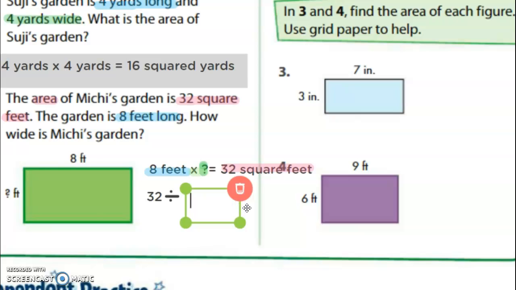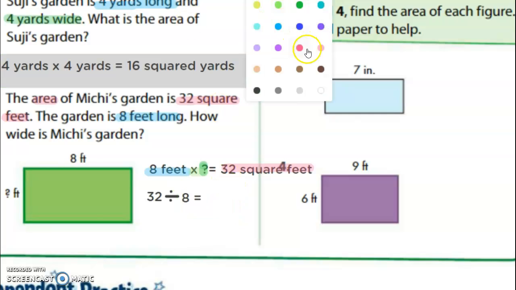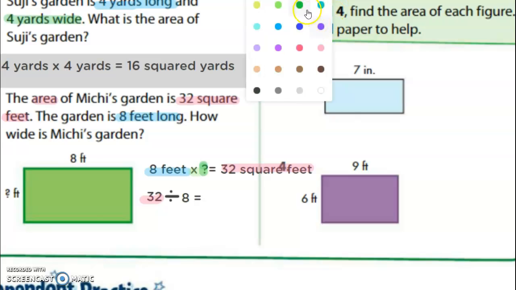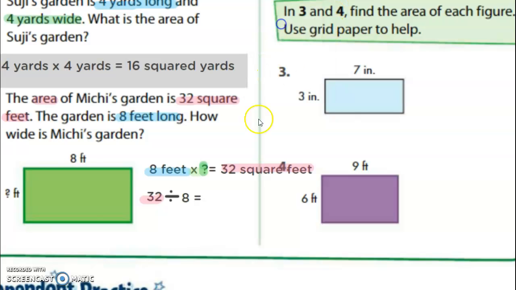I have that in blue to find the width. So do you see how I just moved around those different parts to get the question mark by itself? So I moved the area first, the length second, so then I can find the width.